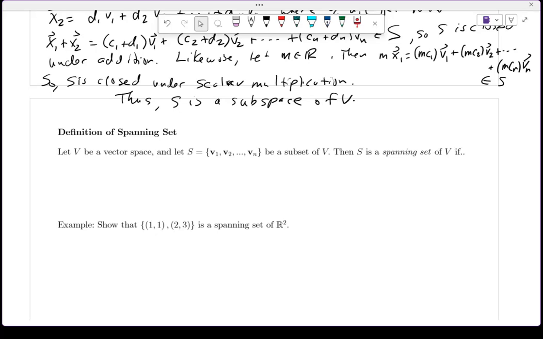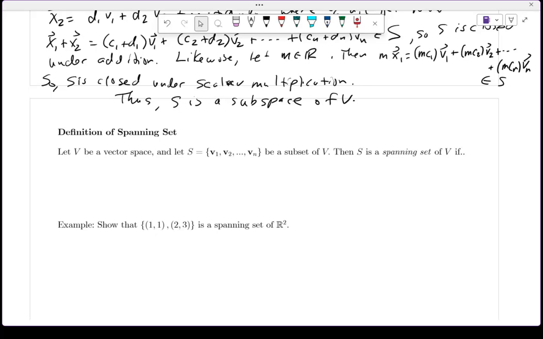You do that in Calc 3 when you write every vector in R3 as something times i plus something times j plus something times k. You can write everything in R3 as i's, j's, and k's. You only need those three vectors to describe everything. So in that case, what we're saying is that i, j, and k span the entire set R3.